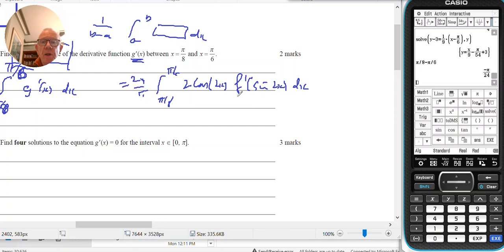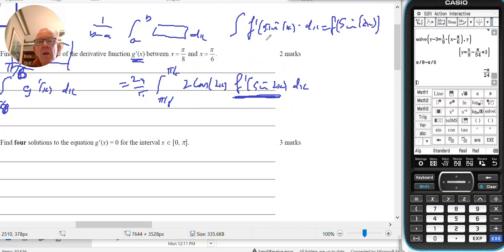Okay, so the integral of the derivative of f of sine of 2x dx is f of sine of 2x. But for me to be able to take the antiderivative of this, I need its derivative, and here I do have its derivative.